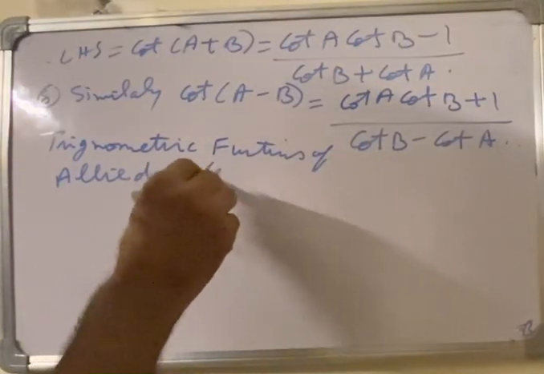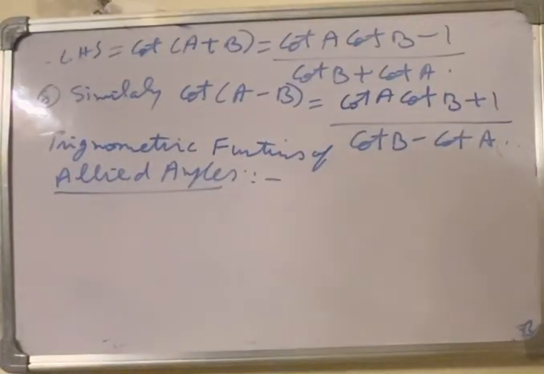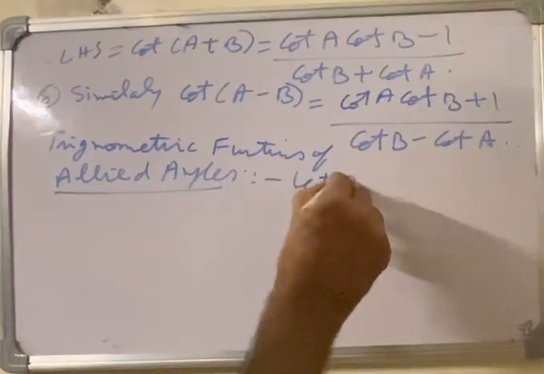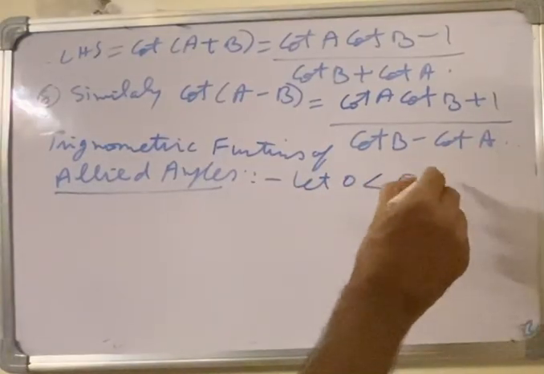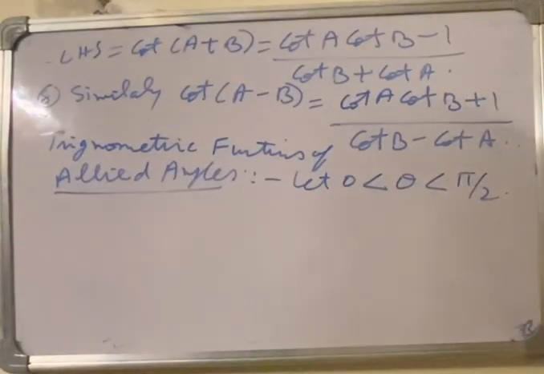Allied angles which are 0 degree, pi by 2, pi, 3 pi by 2, 2 pi minus theta, just like this. Let theta be any angle between 0 and 90 degrees, that is 0 and pi by 2.